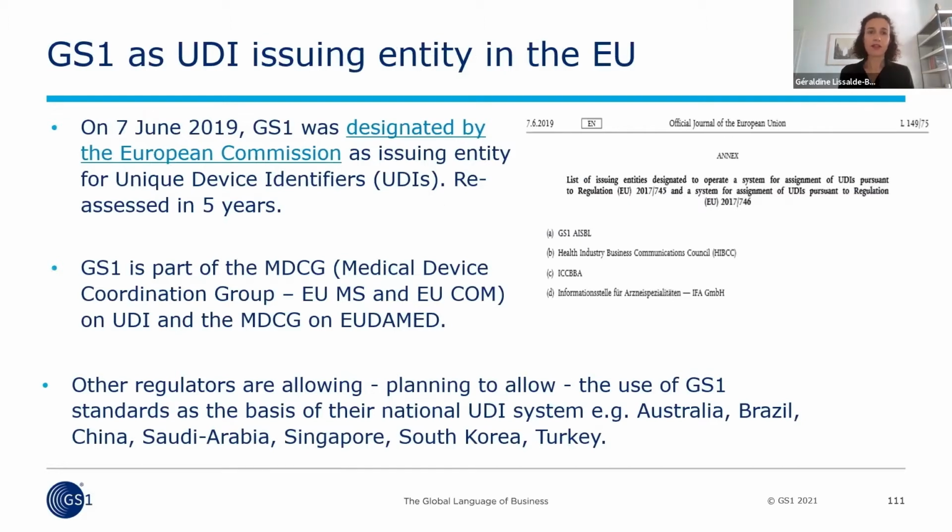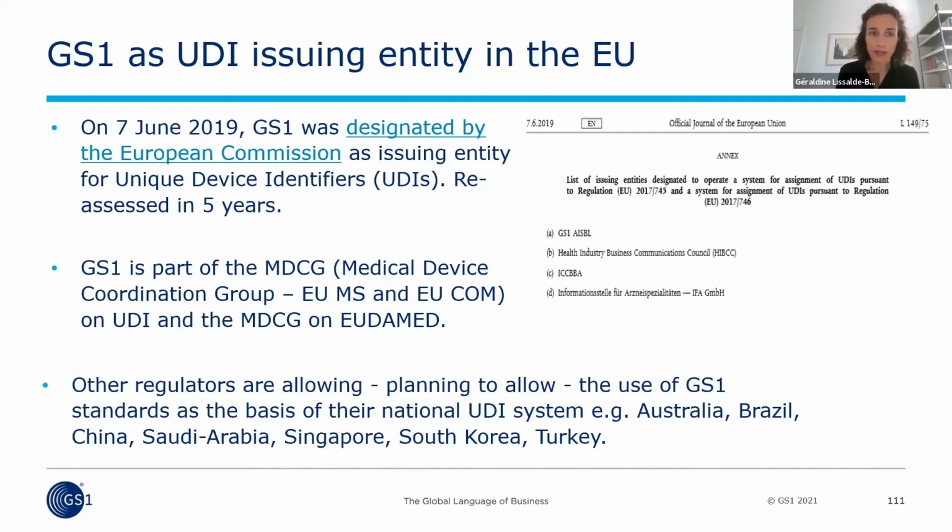So GS1 and UDI, where is it coming from? What's the relationship? As you can see on the screen, for Europe, we are one of the issuing entities, meaning that the European Commission, based on recommendation that other member states and other countries have followed, has decided to accredit a few standard development organizations across the world in order to be able to assign unique device identifiers based on their regulation.